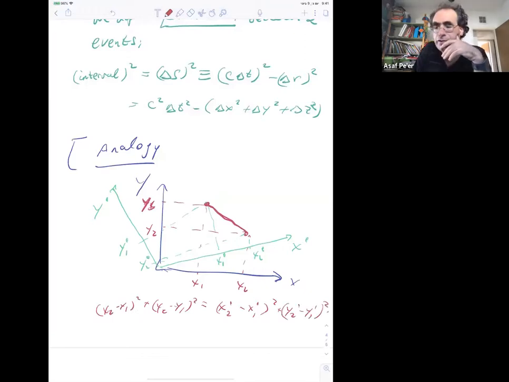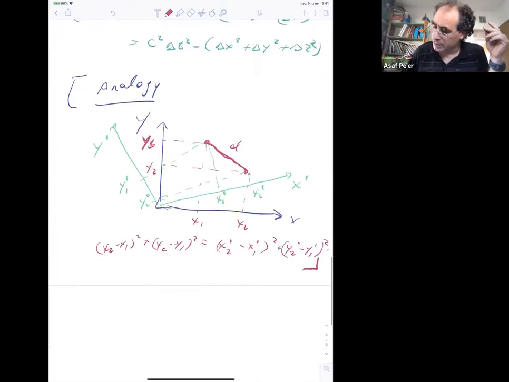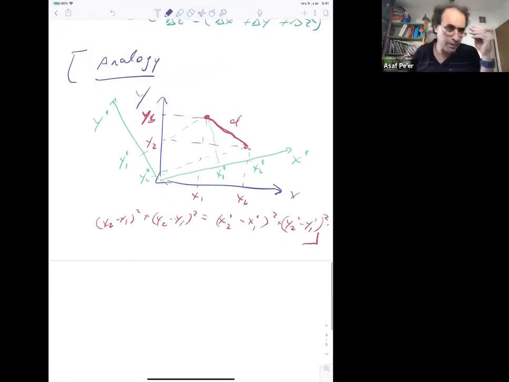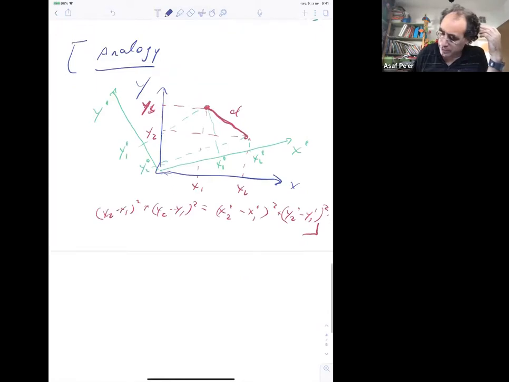These are conserved, of course. So it's a distance. This interval is the analogy of a distance. Maybe easier to visualize. Okay, that's the end of the analogy. Now that we got a little bit familiar with that, or maybe I'm just wasting your time because you're already familiar with it, let's speak about Lorentz transformation.